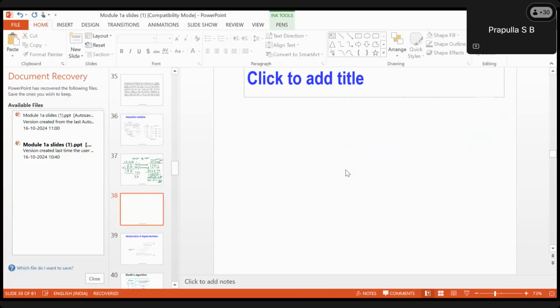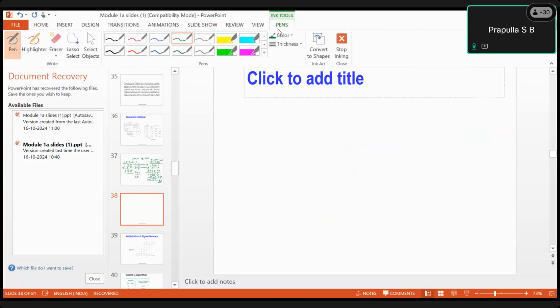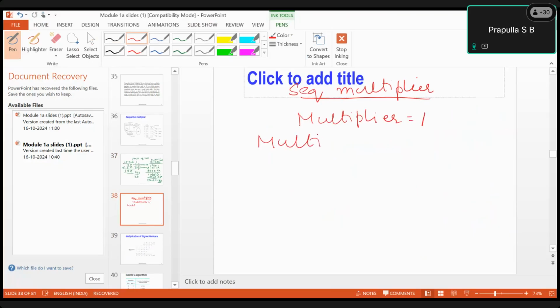Next, the same logic is used, and a circuit is proposed for this. We call it the sequential multiplier. What this makes use of is the logic we saw now. If your multiplier bit is 1, you get the same multiplicand as your partial product, right?